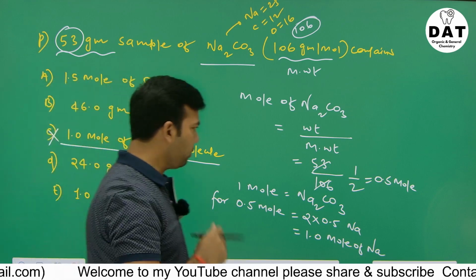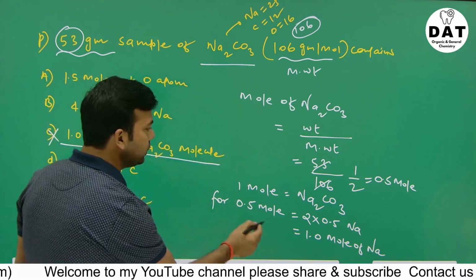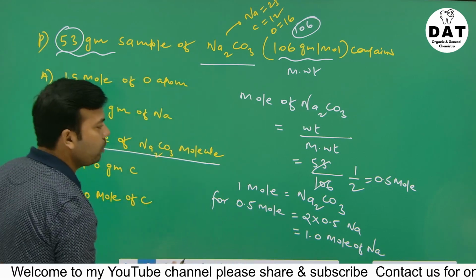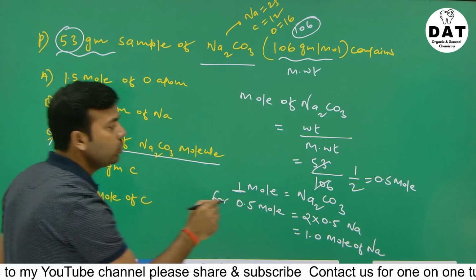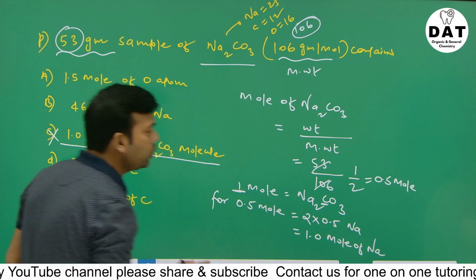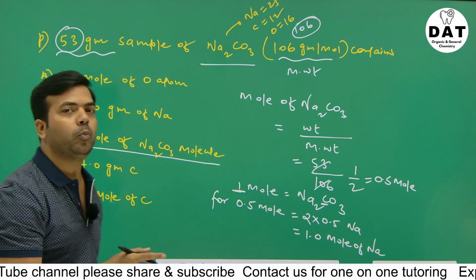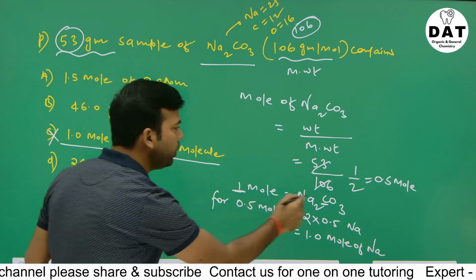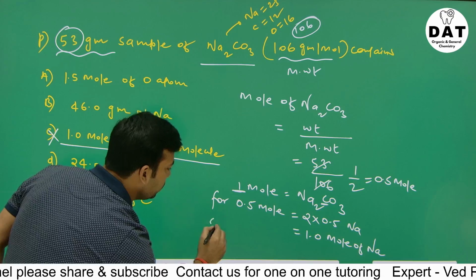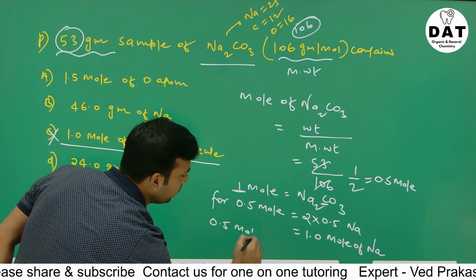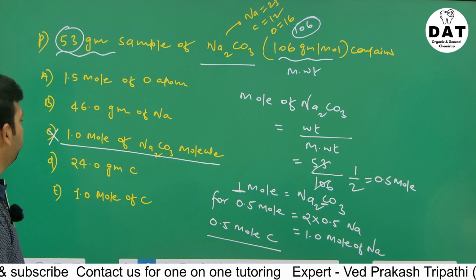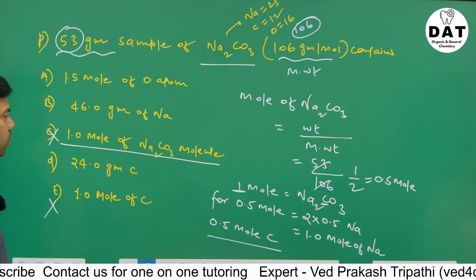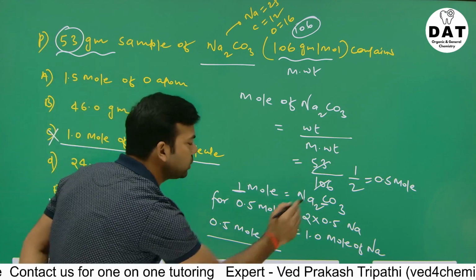Second, this is about sodium. Now let's talk about carbon. So 1 mole of Na2CO3 has 1 mole carbon. So 0.5 mole has 0.5 mole carbon, because same number of carbon atoms. Here it says 1 mole carbon. Wrong. Let's talk about oxygen.